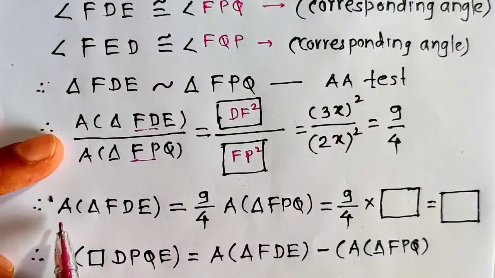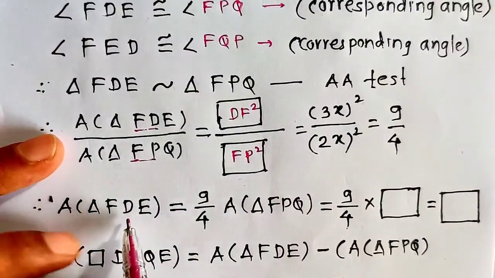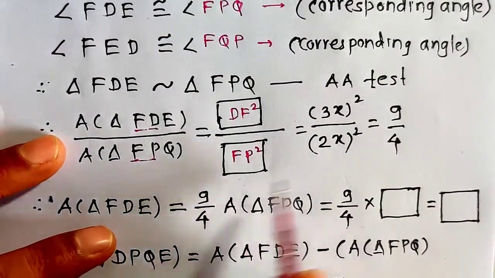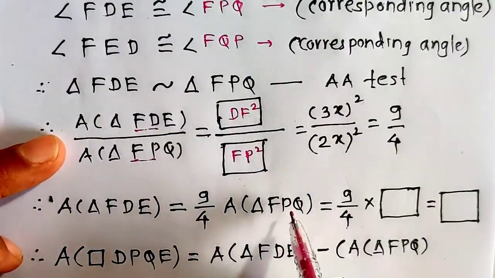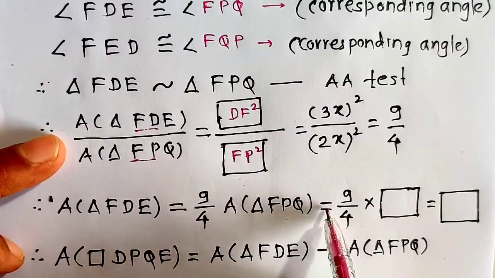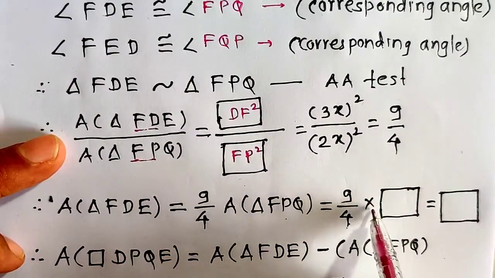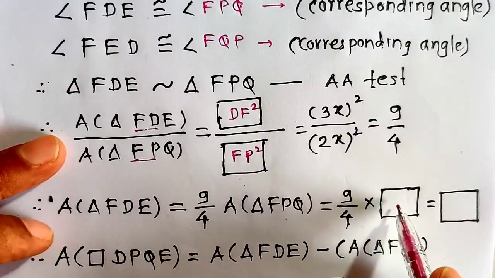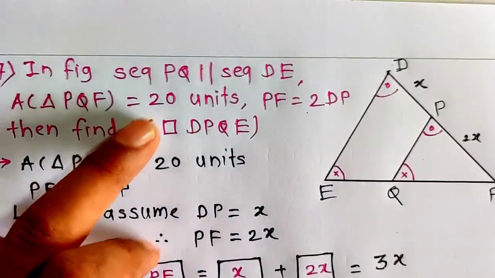So the next step is given in the activity. Area of triangle FDE is equal to 9 by 4 multiplied by area of triangle FPQ. Area of triangle FPQ is 20 units, that is given.